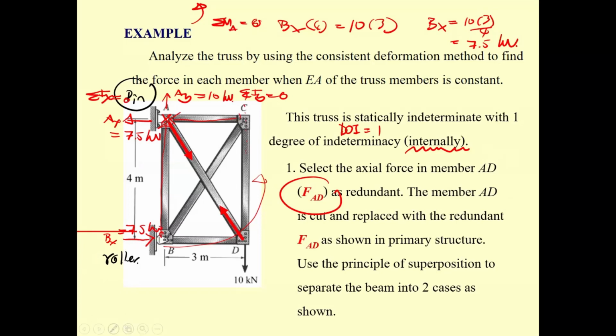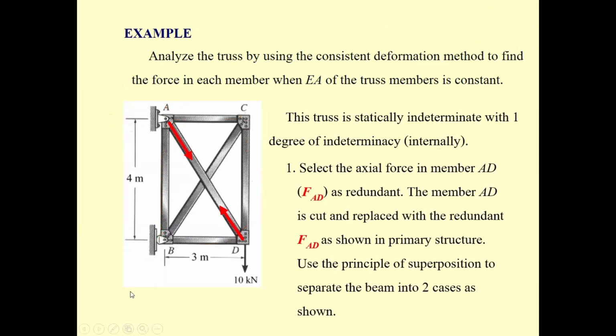This is the main point for this kind of task: use the axial force in the member as the redundant force. Now, things are going to be the same. Use the principle of superposition.